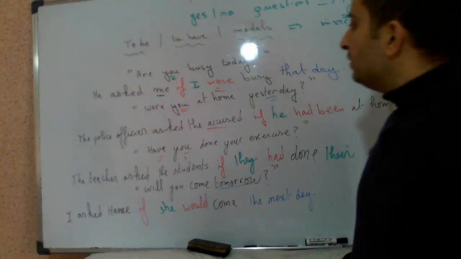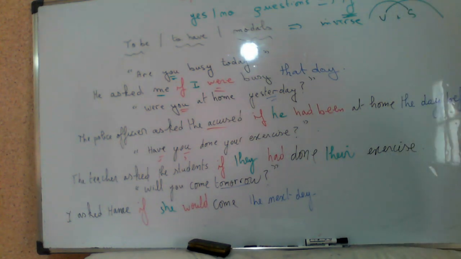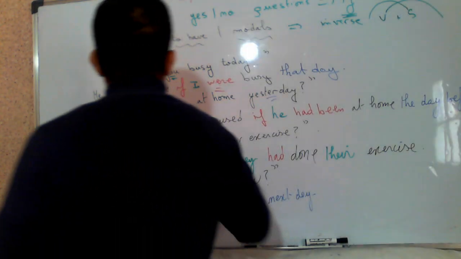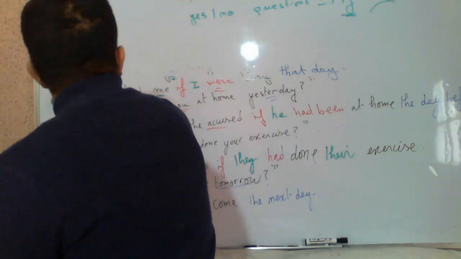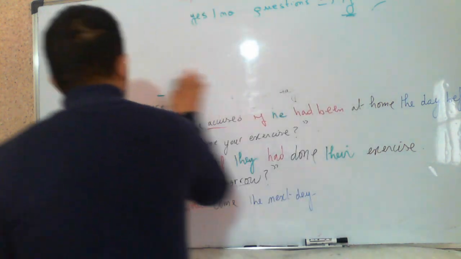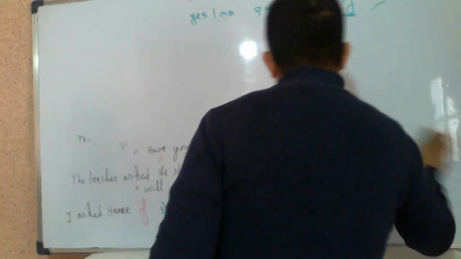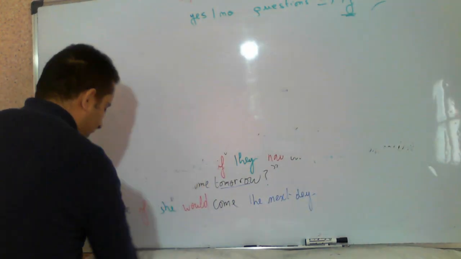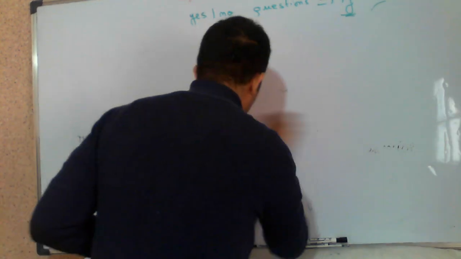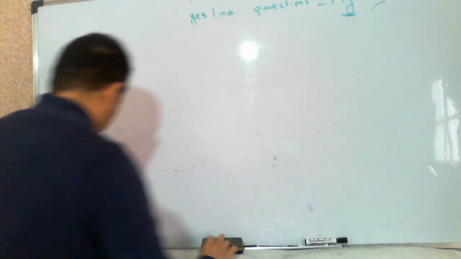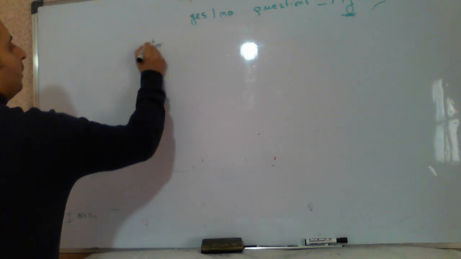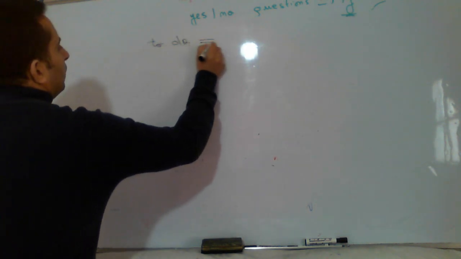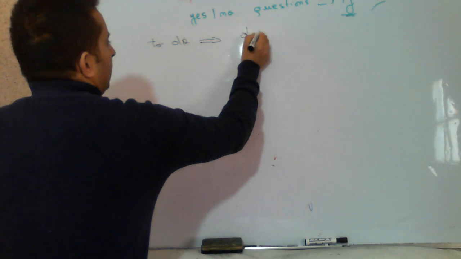Now let's move to the second case, when we have the verb to do. When we have the verb to do, we do what? We delete it, we omit it. Verb to do, delete.